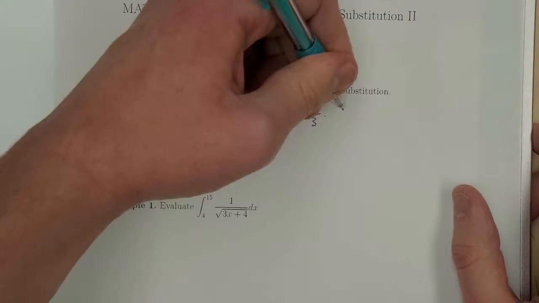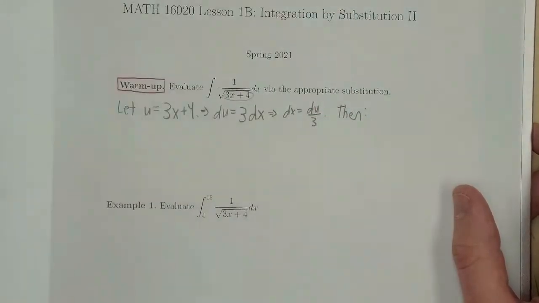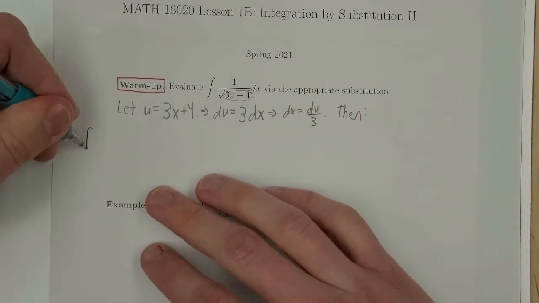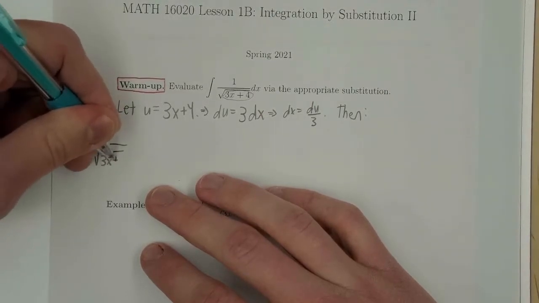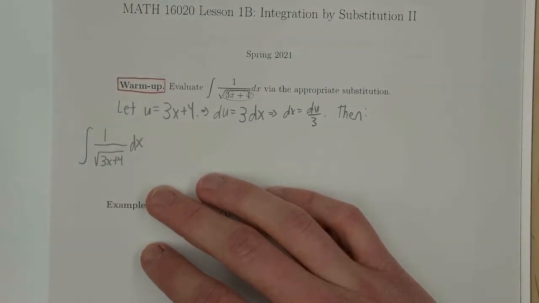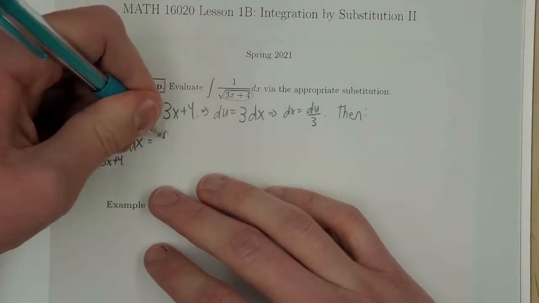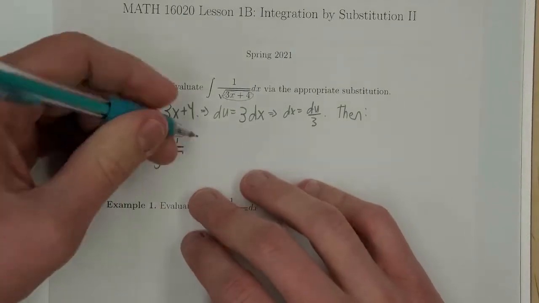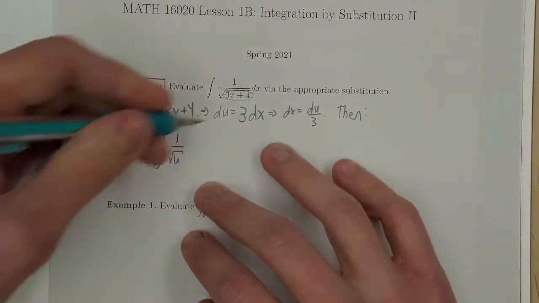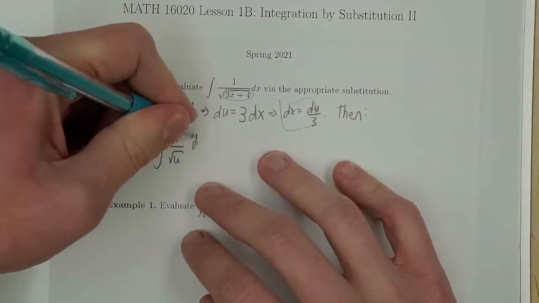Okay? So then we have the integral of 1 over the square root of 3x plus 4 dx, which is equal to 1 over the square root of u, since 3x plus 4 is u, and dx is du over 3.